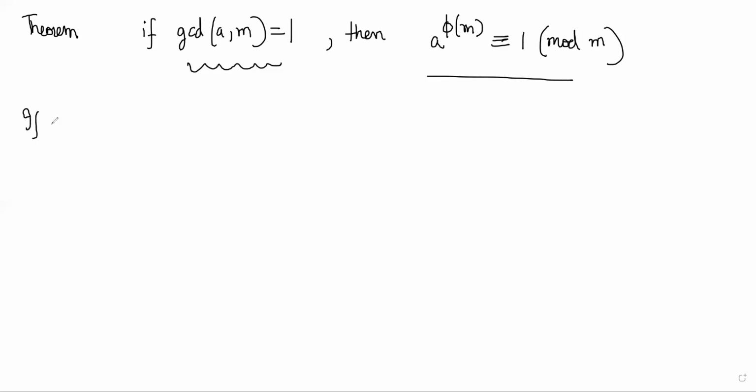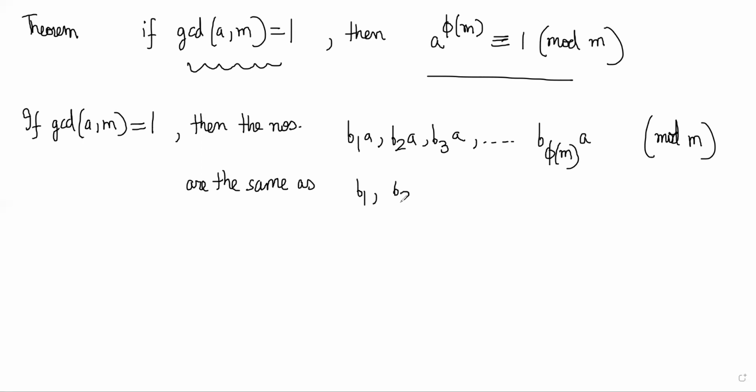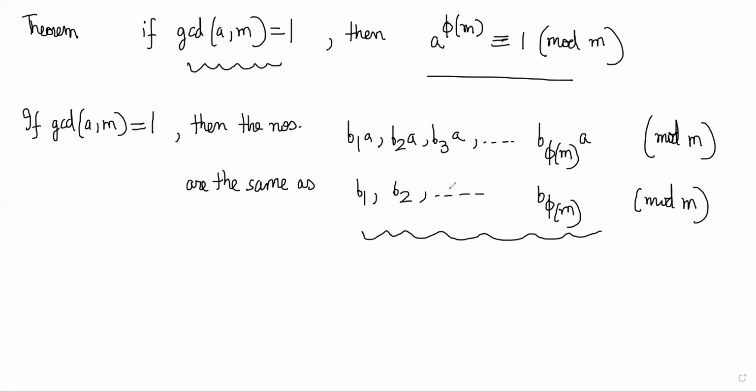So if GCD of A and M is 1, then the numbers B1 A, B2 A, B3 A, and so on till B phi of M A mod M are the same as B1, B2, B phi of M mod M. Although they might be in a different order, these are the same numbers.